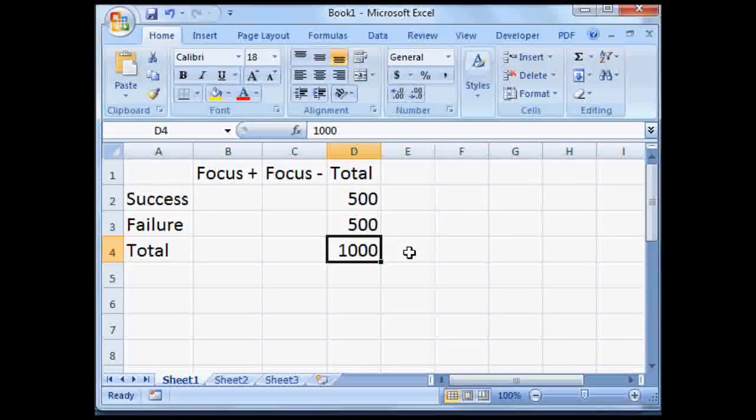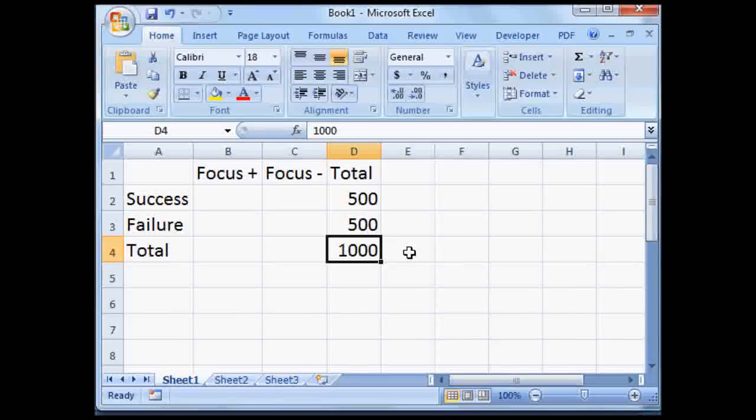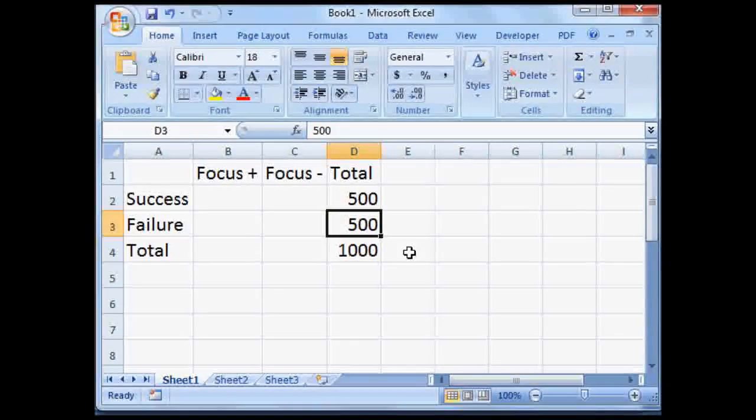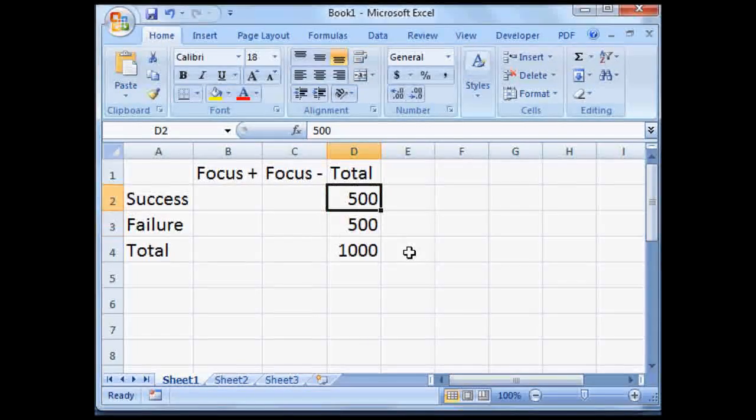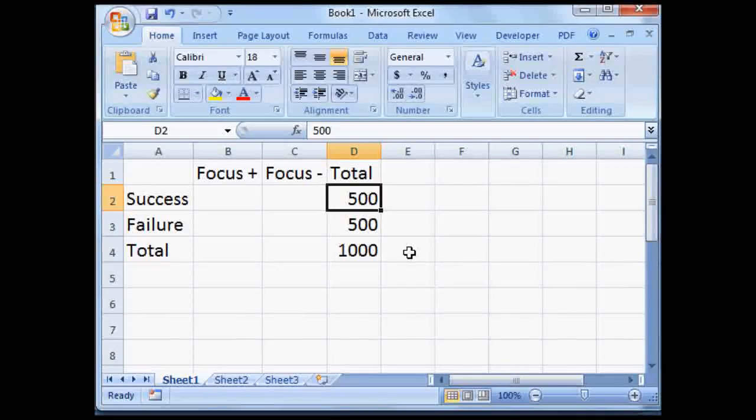Okay? Now, we were told that the detection rate from focus groups is 80%. So of these 500 successful products, how many would have successful test markets?